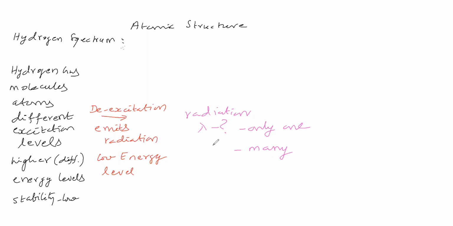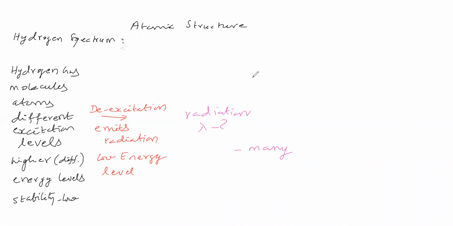Now see, hydrogen gas contains molecules converted into atoms, and electrons are like this. So you are saying that the radiation contains many wavelengths. At that point we got an idea.